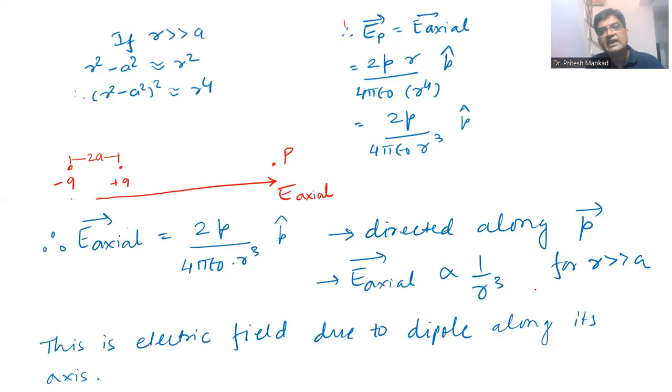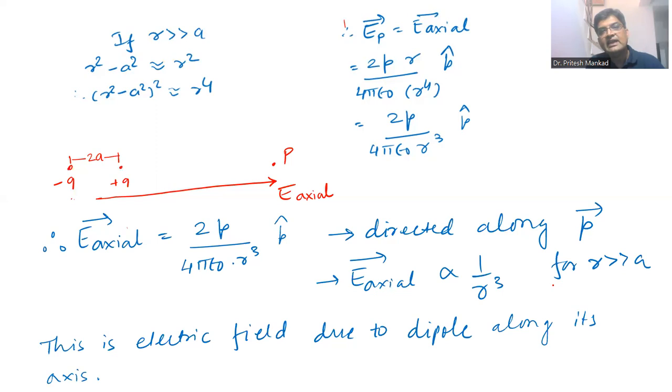So in short, we can conclude that if I have a dipole, then the electric field along the axis, along the straight line joining these two charges, at any point P at distance r from the center, which is very far compared to the size of the dipole, E axial is given by 2p over 4 pi epsilon 0 into r cube.